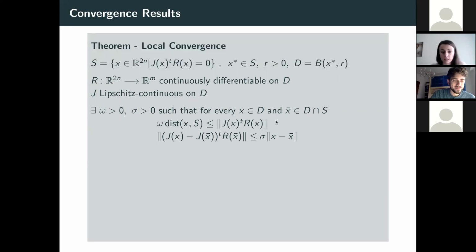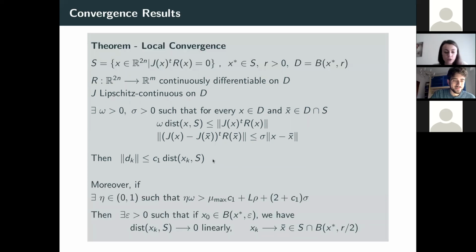And we also know that the residual of the solution is not zero, so we take this approximation inequality as well. So with these assumptions, we can prove that the norm of the direction that we compute is bounded by the distance of xk from the set of stationary points, and this is exactly the same as for the standard Levenberg-Marquardt method.